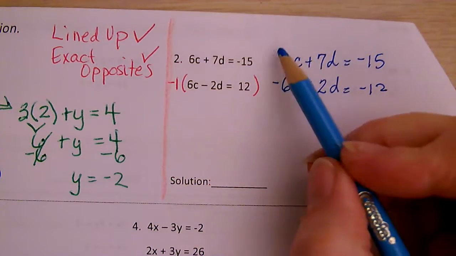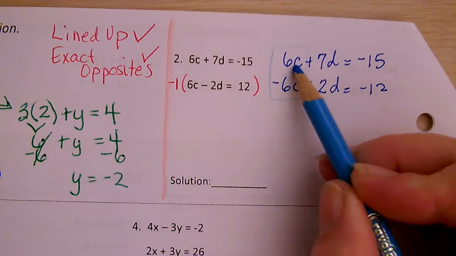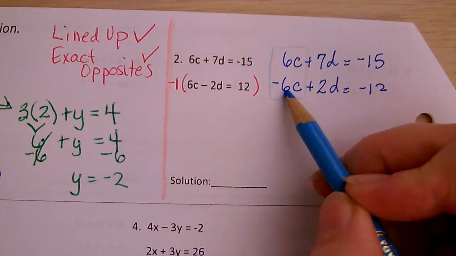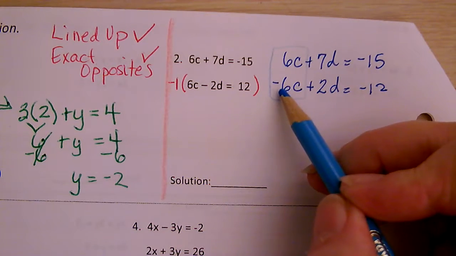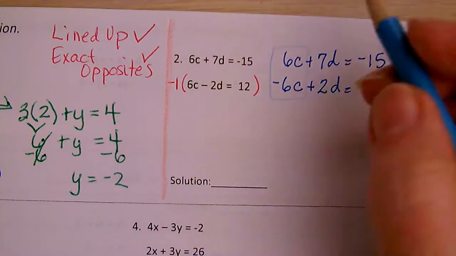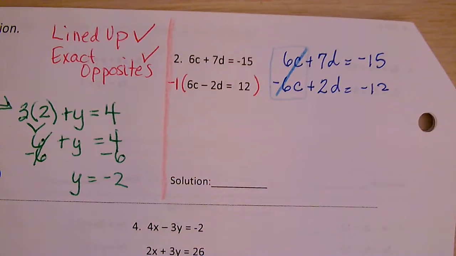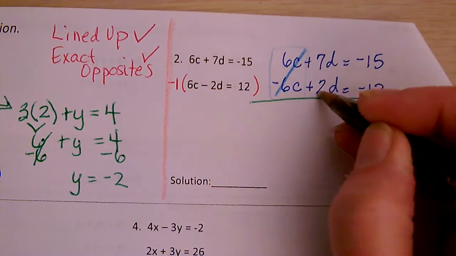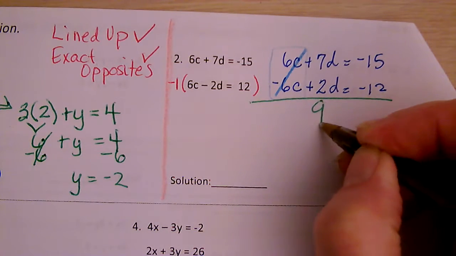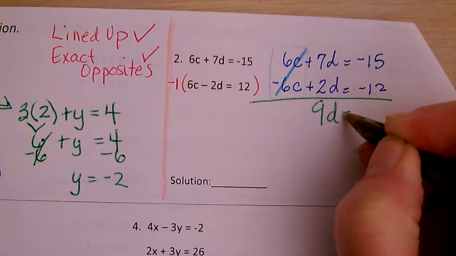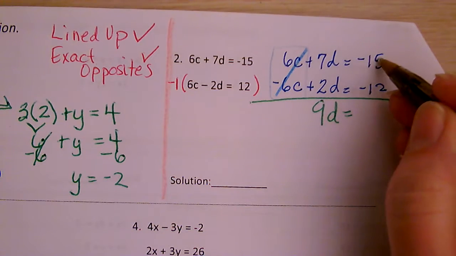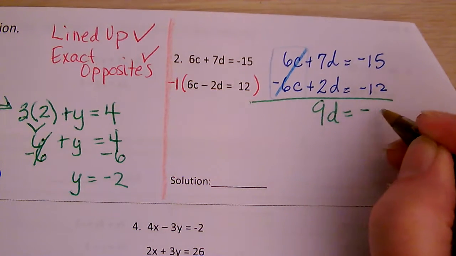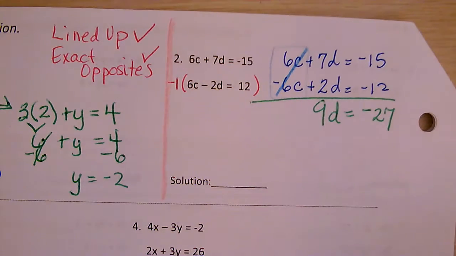So I've got what I wanted right here. There are my opposites. They're both 6's, and I've got one positive and one negative. So those are going to eliminate. And I'm going to add my 7, my 2, and that's 9D equals, and then I've got negative 27.